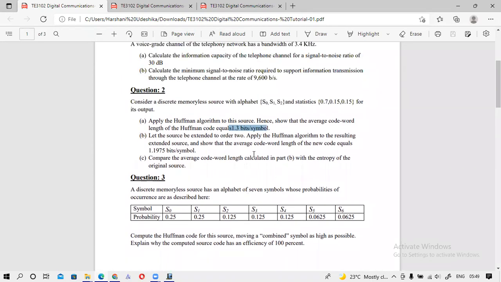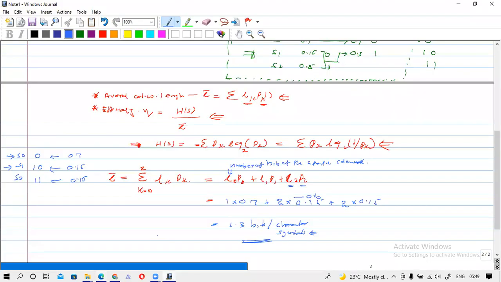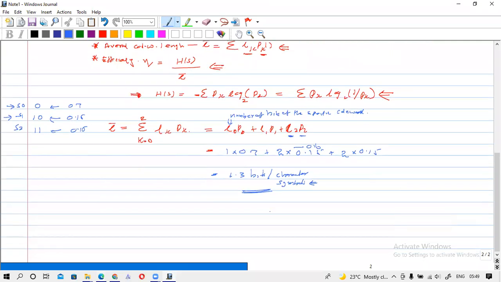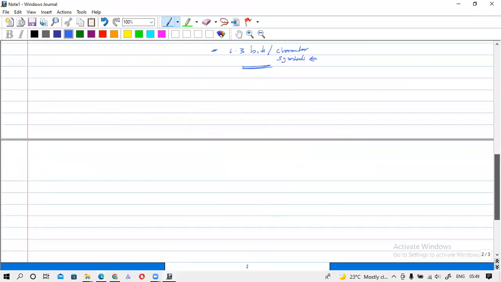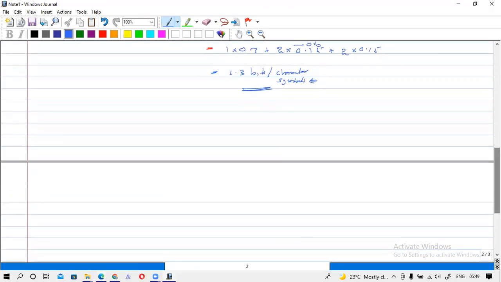So here I will explain what the order of the source is. I think you know the order of the modulation, no? Can you remember the order of the modulation?